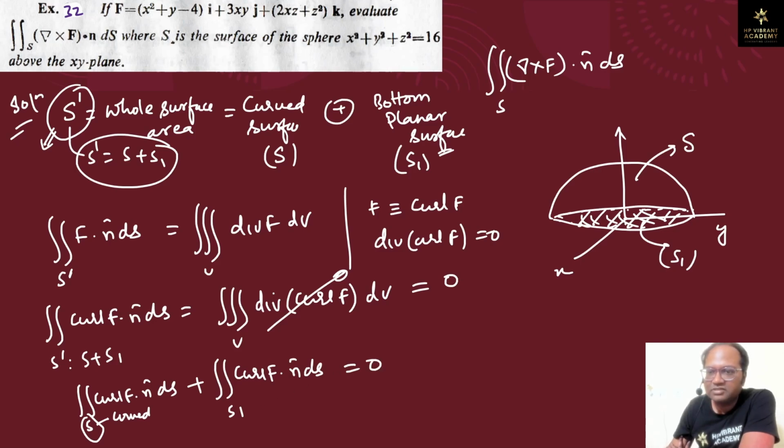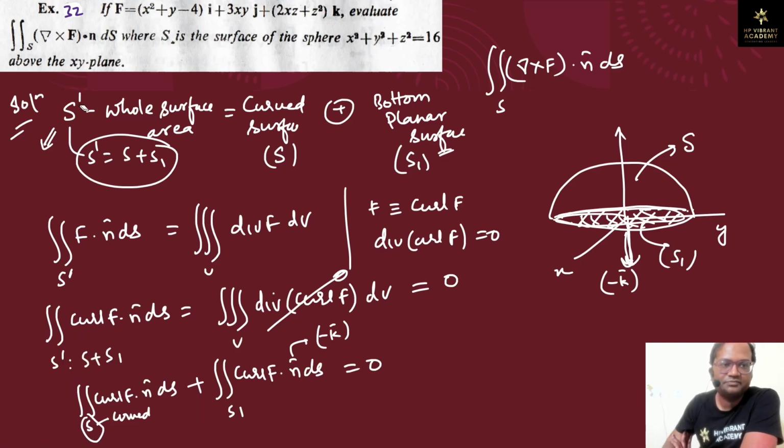On this planar surface, the value of n cap will be minus k cap, because the unit vector along the outward normal will be perpendicular to this and along the negative z direction. So n cap is minus k cap. Let us further simplify this.